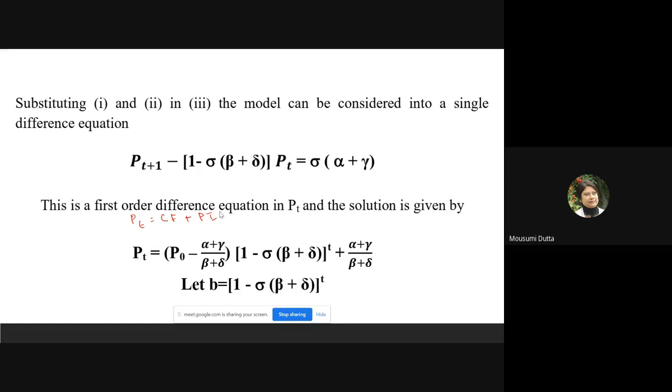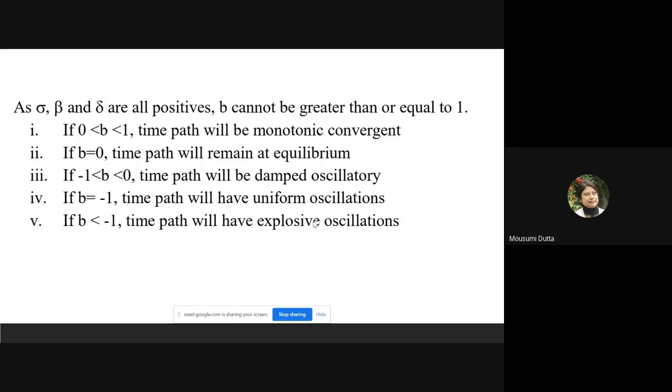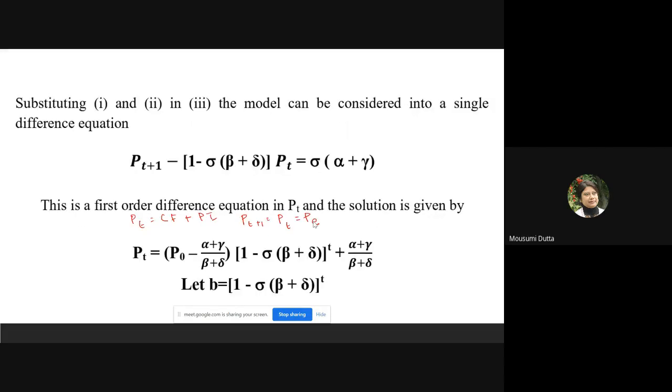Next, to get the PI, particular integral, we consider PT plus 1 is equal to PT is equal to PE, where PE is the intertemporal equilibrium price.